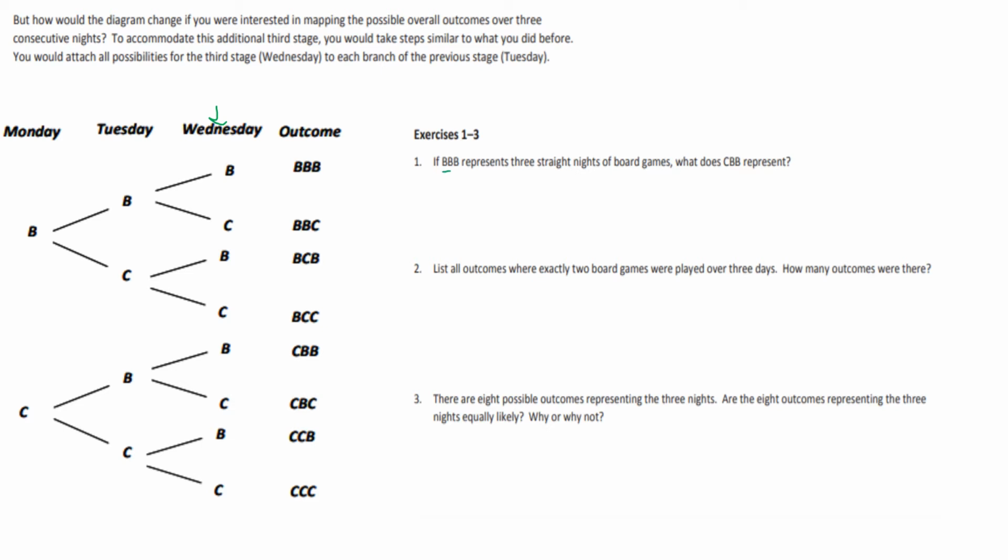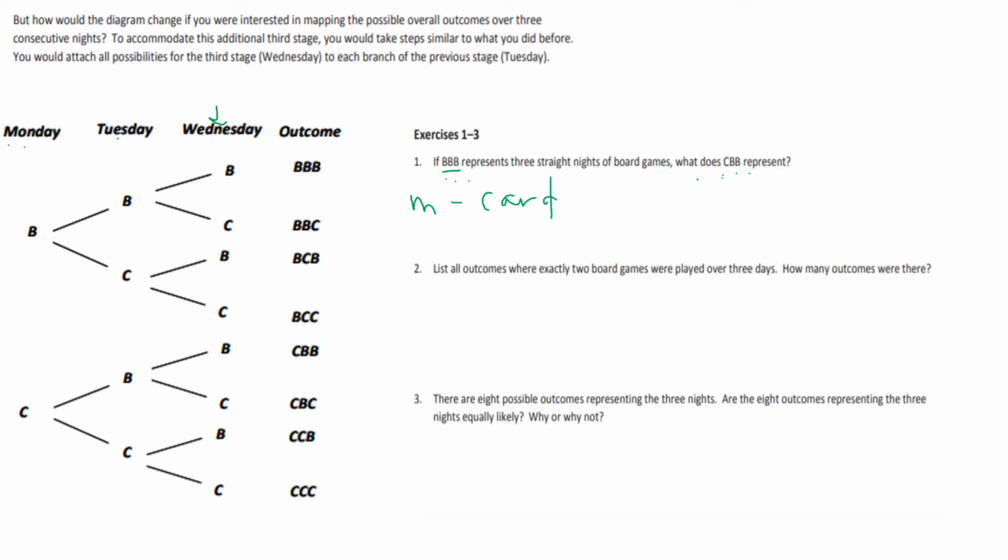If BBB represents 3 straight nights of board games, that means Monday we have a board game, Tuesday we have a board game, Wednesday we have a board game, right? BBB, Monday, Tuesday, Wednesday, we're following straight along with the tree. What does CBB represent? If we're following straight along with the tree right here, C comes first and Monday comes first, so Monday would be a card game.